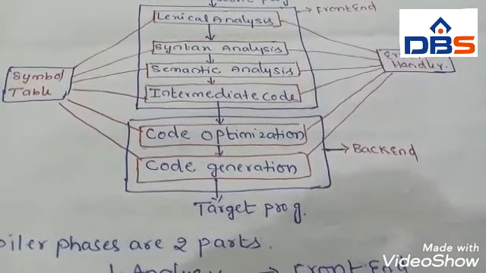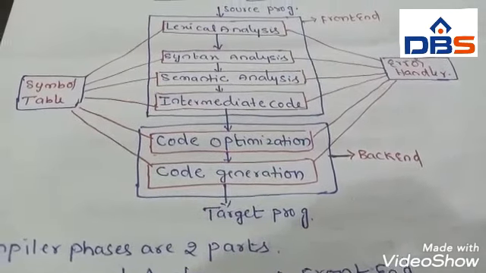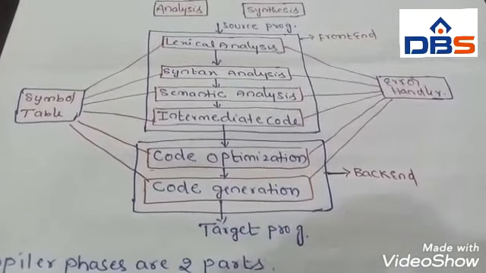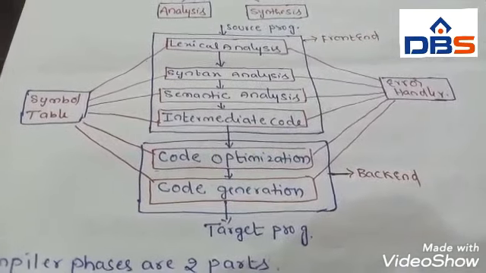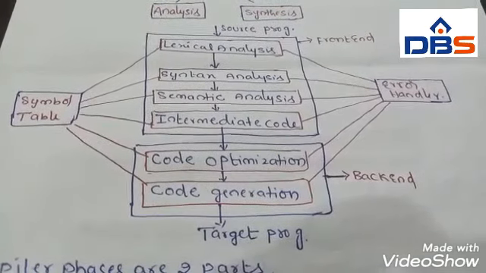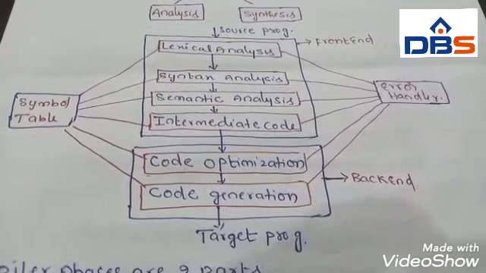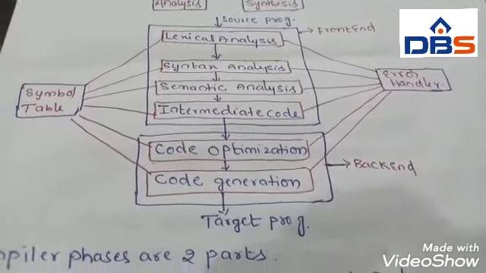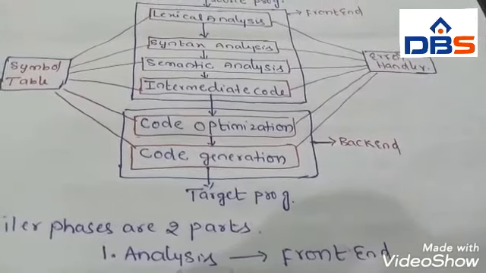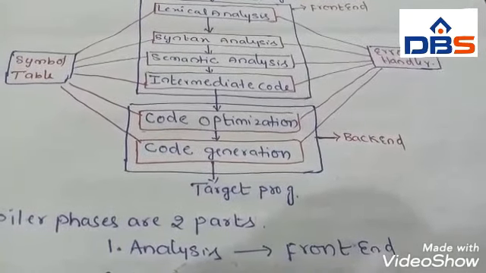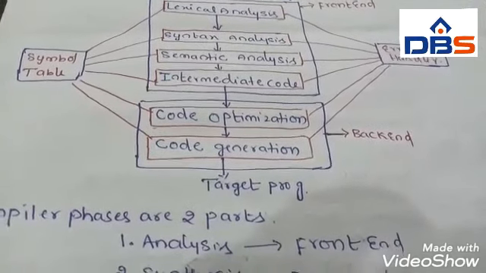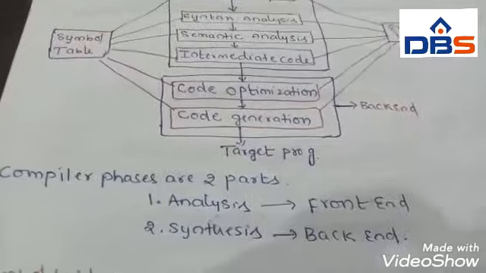The analysis part also collects information about the source program and stores it in a data structure called the symbol table, which is passed along with the intermediate representation to the synthesis part. The synthesis part constructs the desired target program from the intermediate representation and the information in the symbol table.